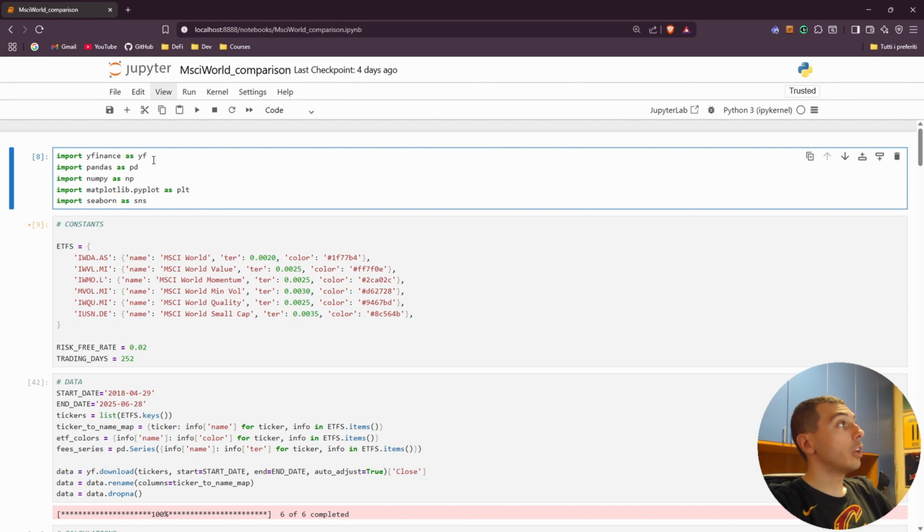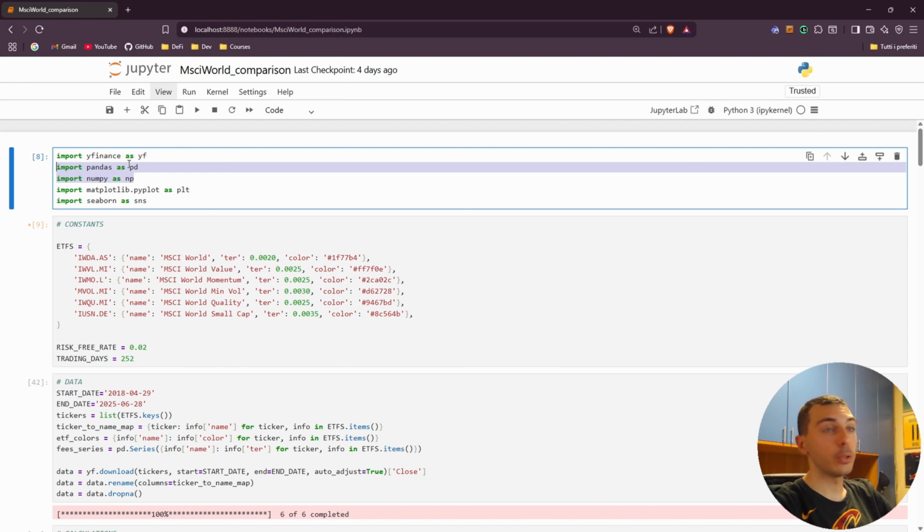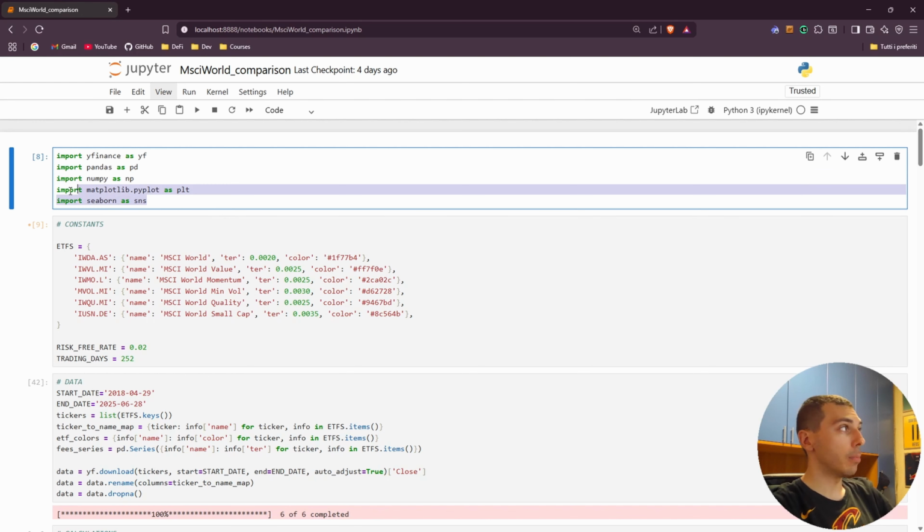Here we are in Jupyter Notebook, and first of all, I'm importing some essential Python libraries: YFinance to get historical price data of the ETFs, Pandas and Numpy for data handling and calculations, Matplotlib and Seaborn for making our charts.